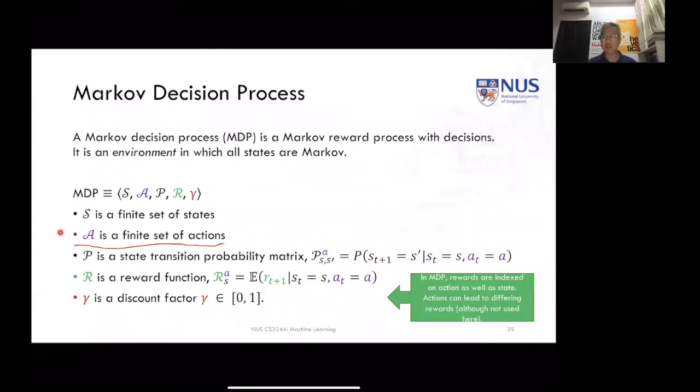The only thing that really changes here is that our transition probability matrix and our reward function are now going to be indexed by actions as well, right? So what we're basically saying here is that from particular state S, I'm going to take a transition, and this transition could be one of many, okay?